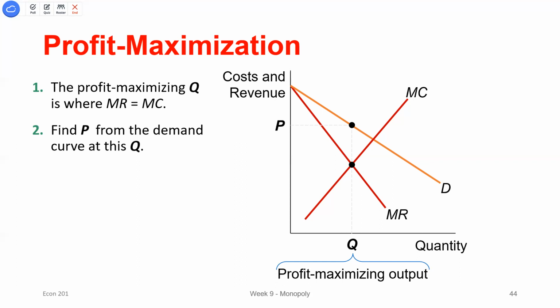Notice the monopolist sets a higher price and produces less. So anytime we have a market that's monopolized, that results in a higher price for consumers and fewer consumers buying that product.